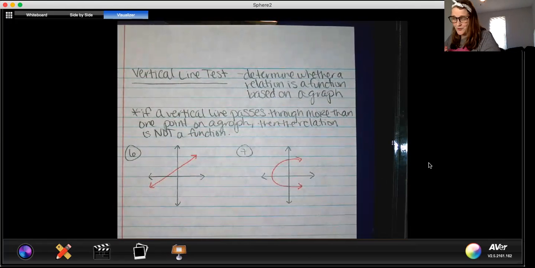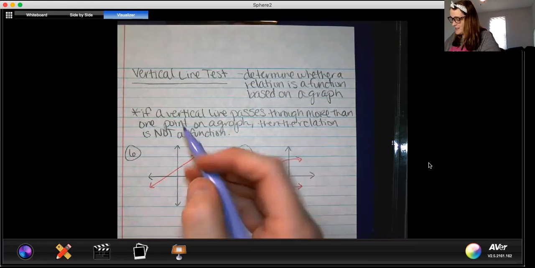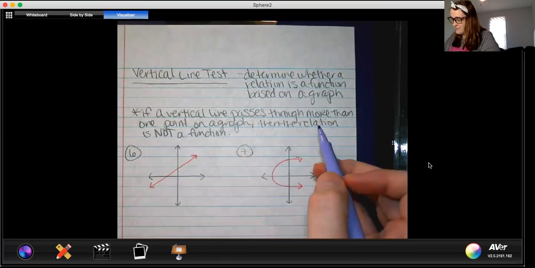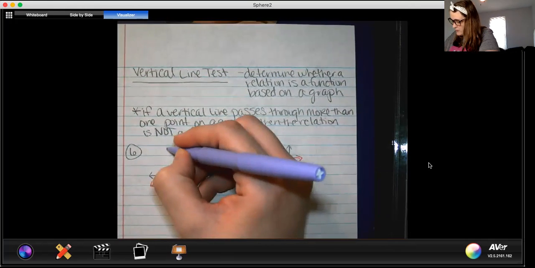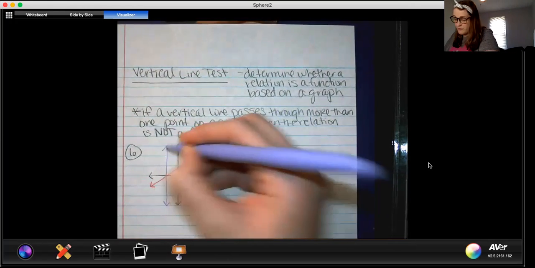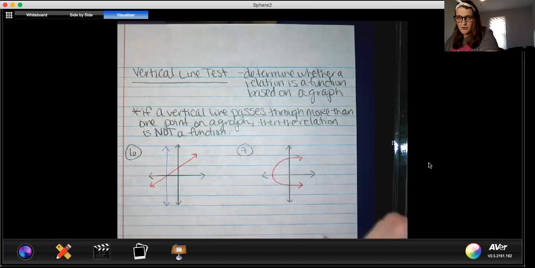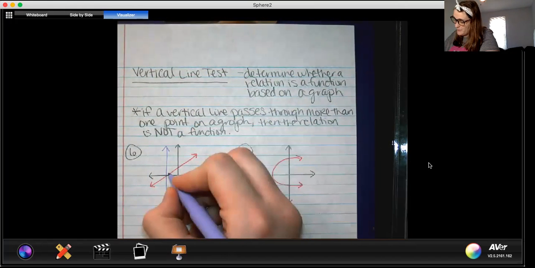Okay, so now the question is, are these functions? Well, the test says that I simply draw a vertical line through the graph, and if it goes through more than one point, then the relation is not a function. So if I draw a vertical line through my equation or through my graph, how many times does it pass?